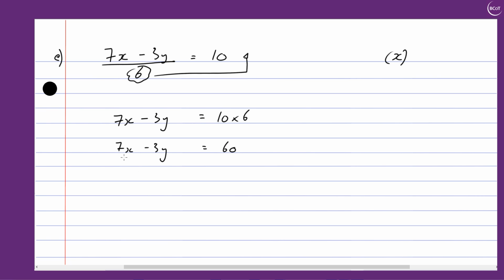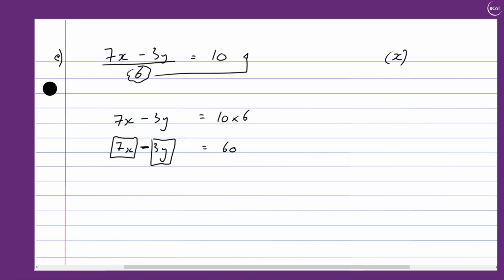Next, we want to figure out how we get the 7x on its own so that later we can get the x on its own. Well, we've got 7x and we've got a minus or a plus here. So if we've got a minus or a plus in between two terms, we can use change the side, change the sign. So we're going to move the 3y.